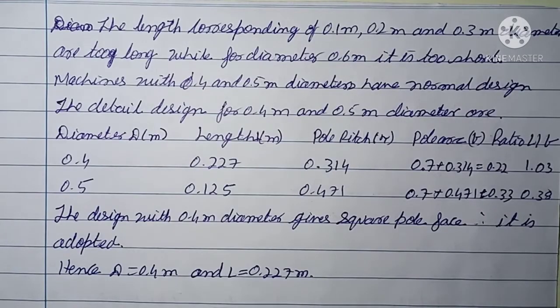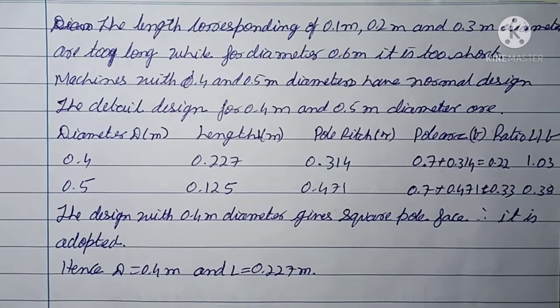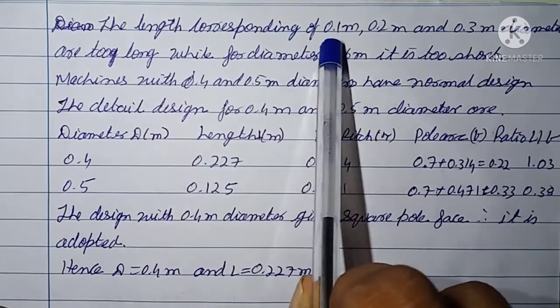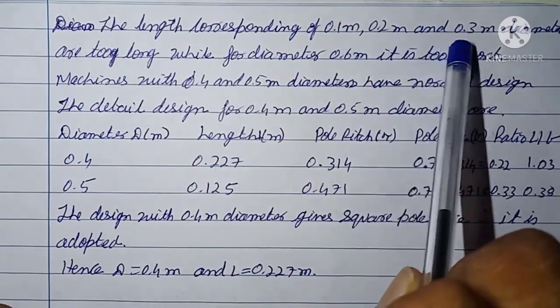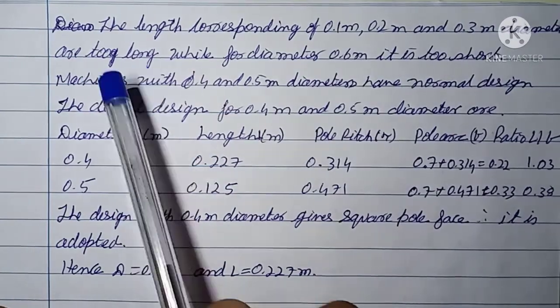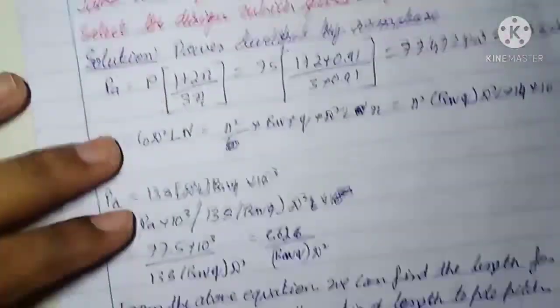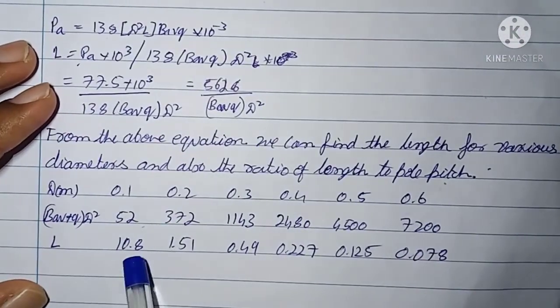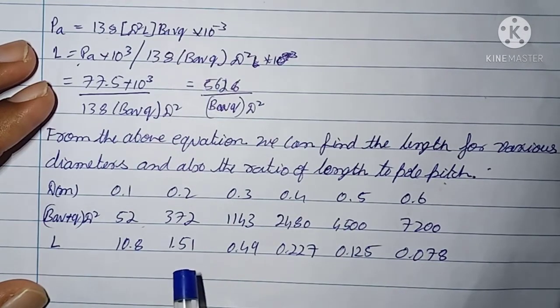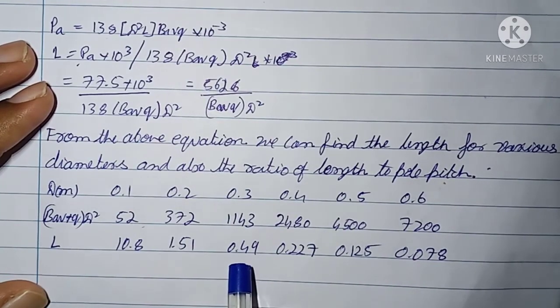From the table, we can see that the lengths corresponding to 0.1 m, 0.2 m, and 0.3 m diameter are too long: 10.8 meter, 1.51, and 0.49, approximately half a meter.